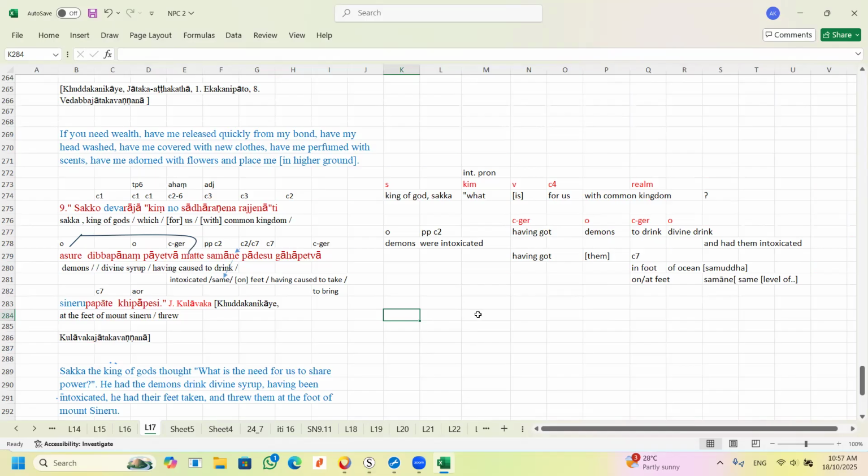Not Tawatimsa yet. Tawatimsa is higher than the four guardian gods. You know what the four guardian gods are? Yaka, Naga, Gandhava, and the Kumbanda. So on top of Mount Sineru are these four. Then further up is Tawatimsa.